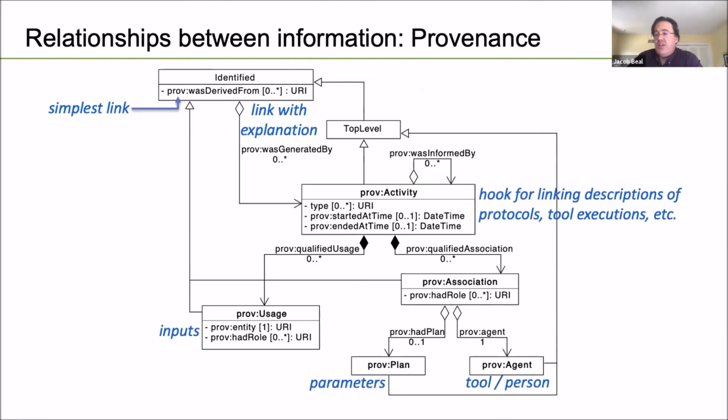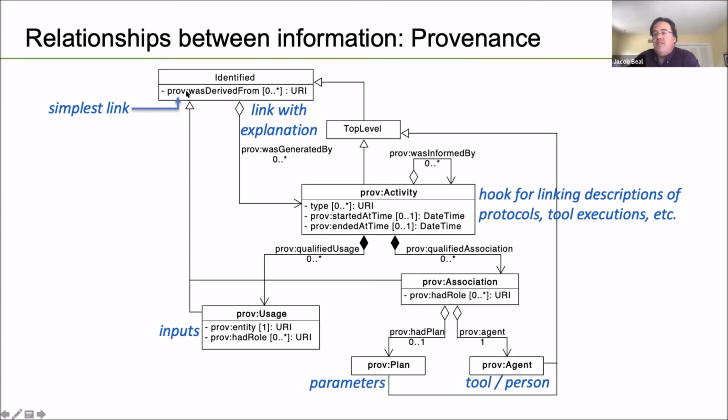So in order to link together pieces of information across the cycle, like say, the data that we're going to get from this experiment we just described, for that we use provenance. And we've got essentially two types of relationships we can have.